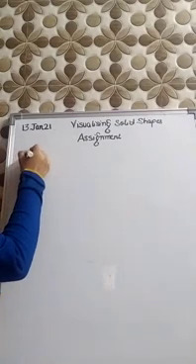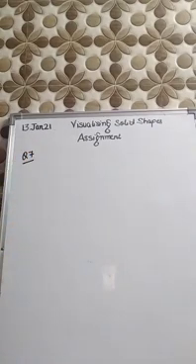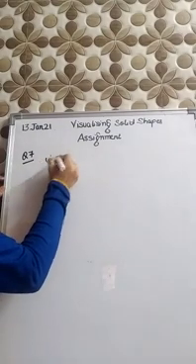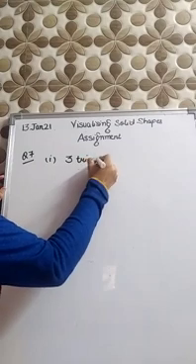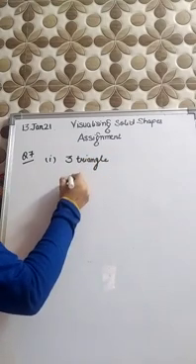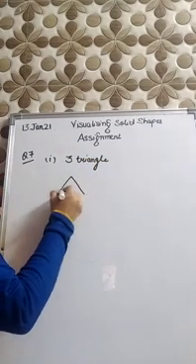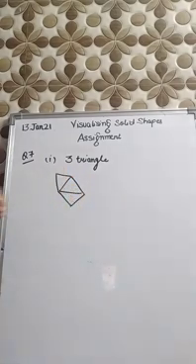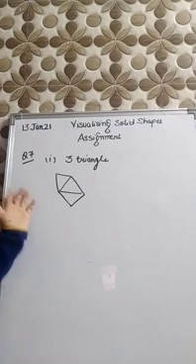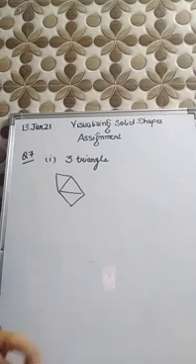Question number 7 is, beta, can a polyhedron have its faces 3 triangles? Is it possible to draw a polyhedron with 3 triangles? If you take 3 triangles like this, then you can't combine them. As you have just seen in the previous question, for drawing a tetrahedron, or you can say triangular pyramid, we need 4 triangles.